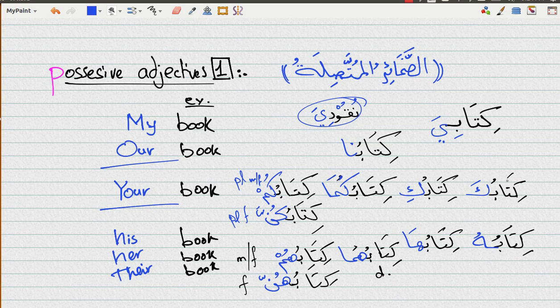If you're talking about three or more, mixed or just males, you say كتابهم. And if females, كتابهن. So notice kum, hum, kunna, hunna. Maybe these few indicators will help you remember. So this is how to say my book, our book, your book.